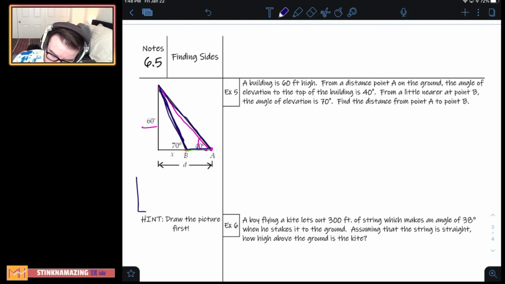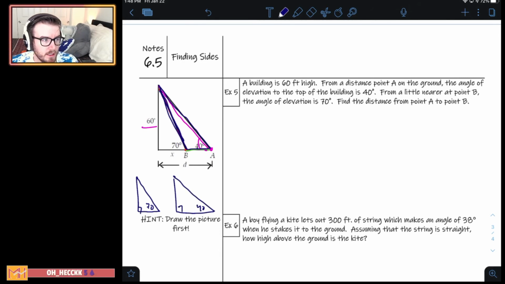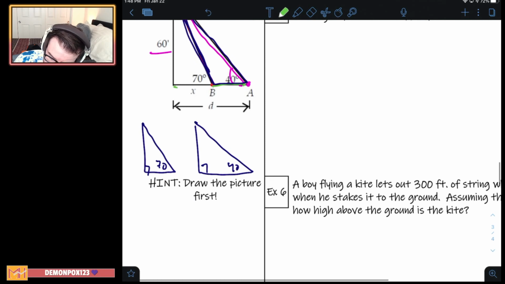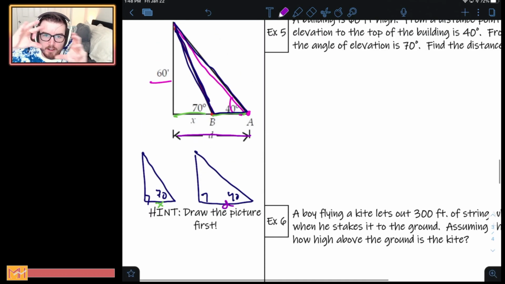We can use this triangle, which is the 70 right here, or we can use this triangle, which is the 40 here. Those are the two triangles that we can solve. So this right here would be x, and then this right here is d, right? You see how I'm seeing those two triangles, how I separated them?